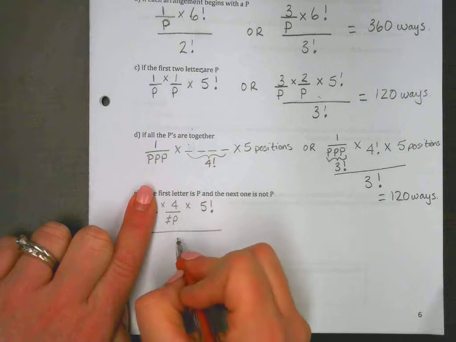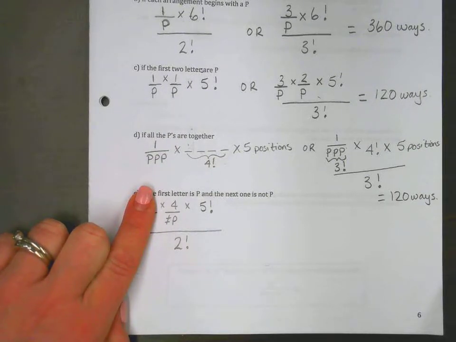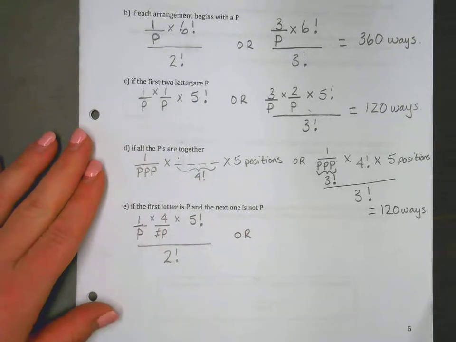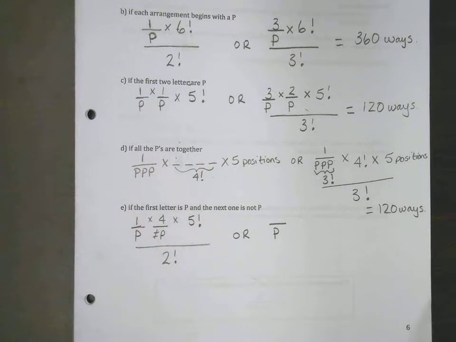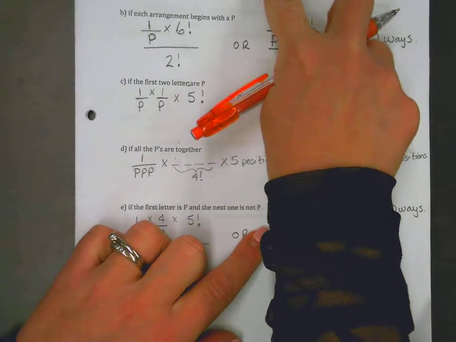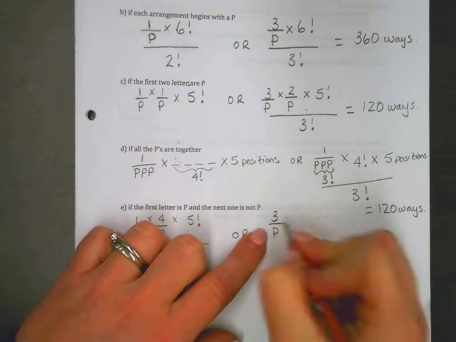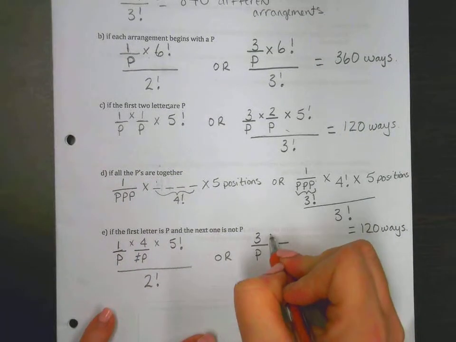Okay. Or another way to think of it is, well, this first position has to be a P. So you could think of this as, well, there's 3 P's to choose from that I could put there. So there's 3 possibilities. Times, this next letter cannot be a P, so that would still be 4 possibilities. Times, how many letters are there still to arrange?